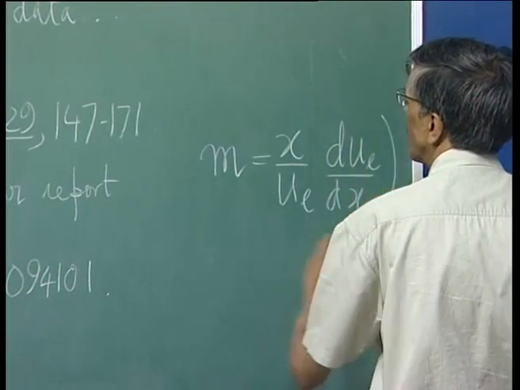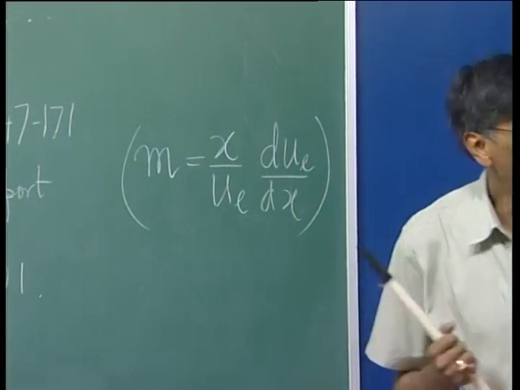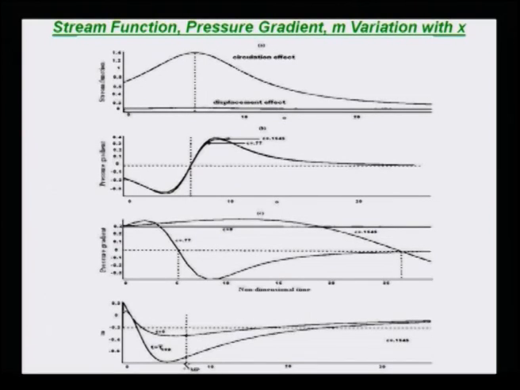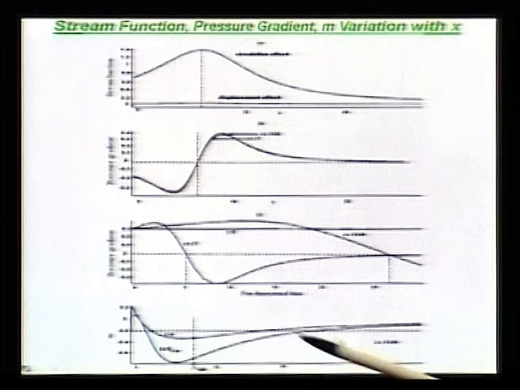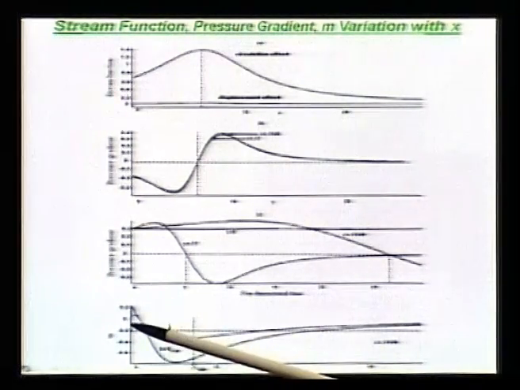This is the non-dimensional pressure gradient parameter that we have plotted there, and the top curve corresponds to t equal to 0. So, at the initial instant, what is the variation of m with respect to x. This case is shown for a low value of c, and this value of c is 0.1545. So, at t equal to 0, the m variation is like this.